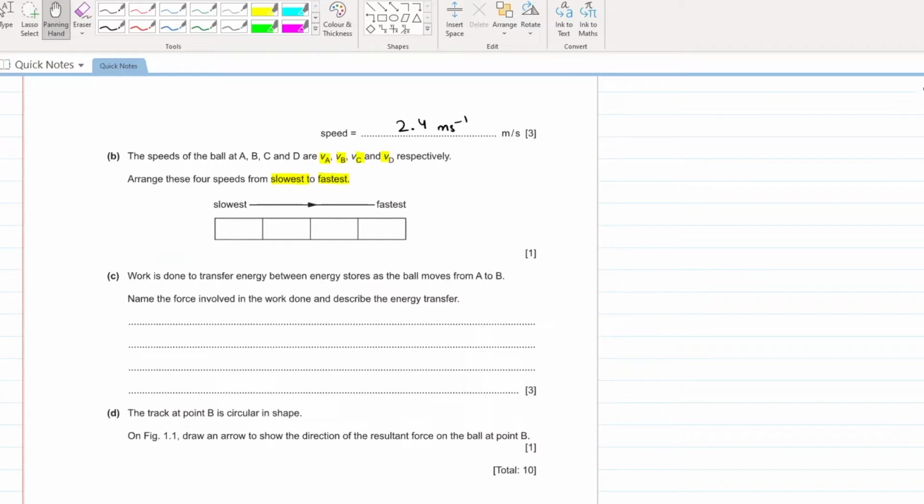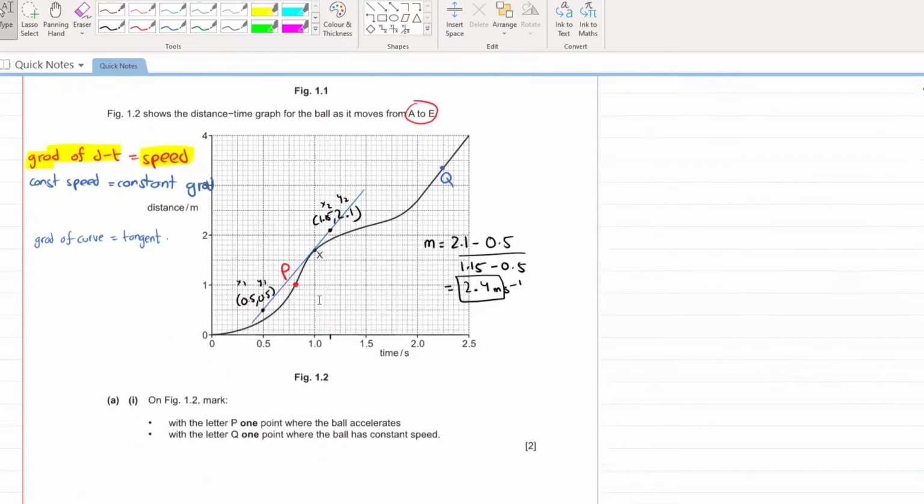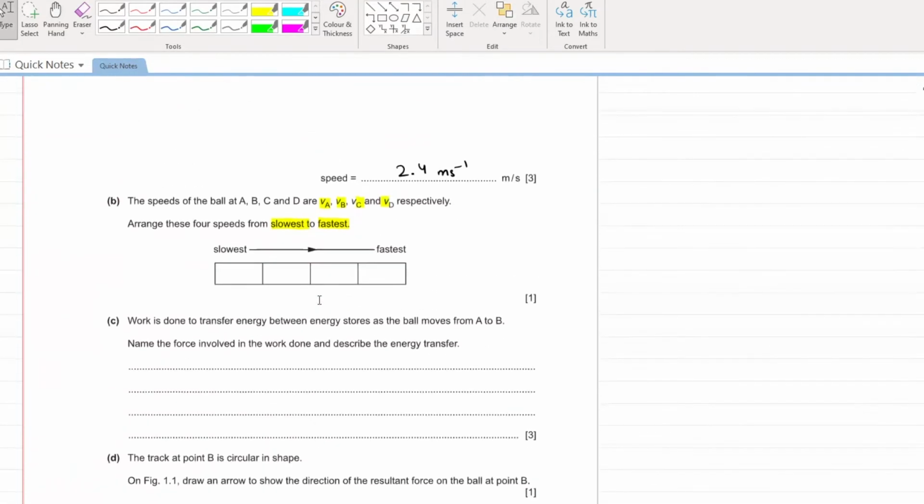How will you do that? Very easy. The point where the ball is at the maximum height will have the slowest speed, and we also know at point A it is at rest. So the speed at A will be the slowest, VA.